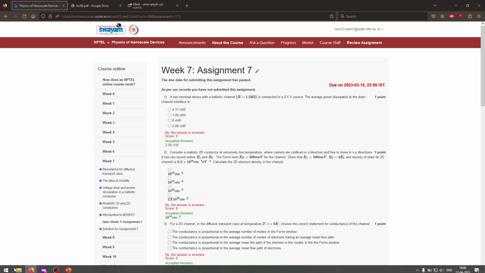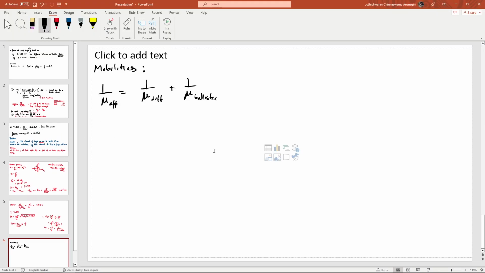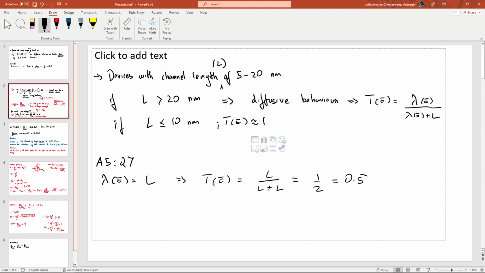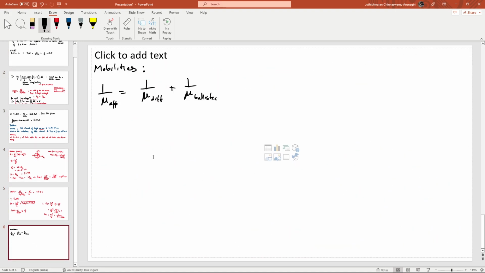So these are the essential formulae you will need for solving conductance and modes related problems. Sir, in this formula, 1 by mu apparent is equal to 1 by mu diffusive plus 1 by mu ballistic.